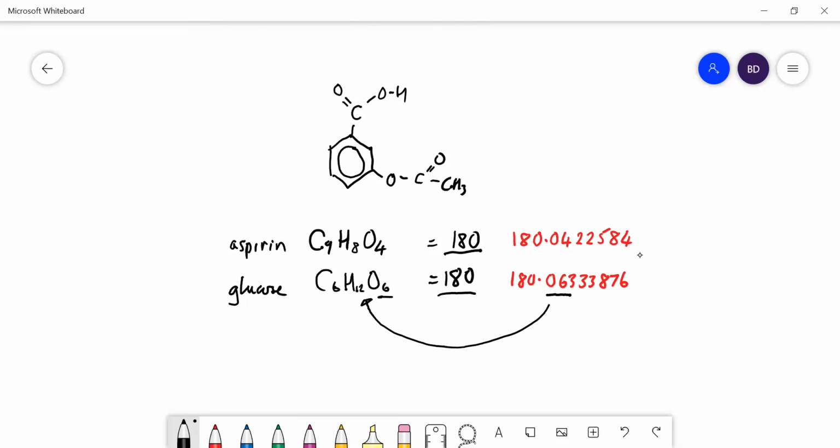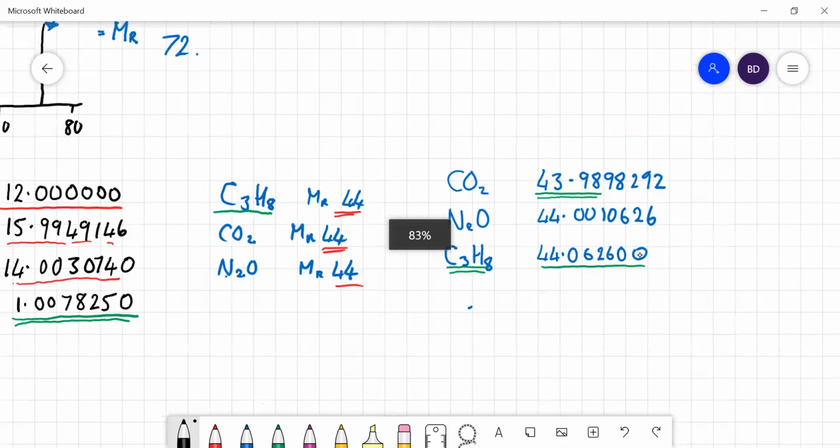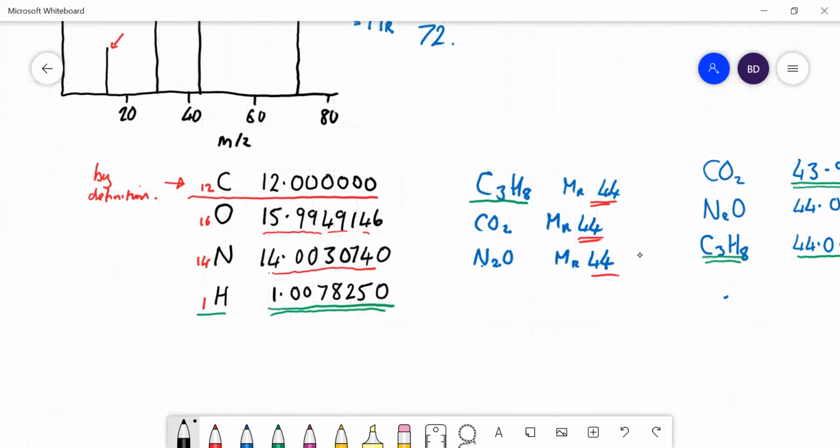So that's all there is to high resolution mass spectroscopy. You've got 2 things which have the same MR nominally, but when you look at it very accurately, the MRs are slightly different because isotopic masses are not exactly what you'd expect them to be.